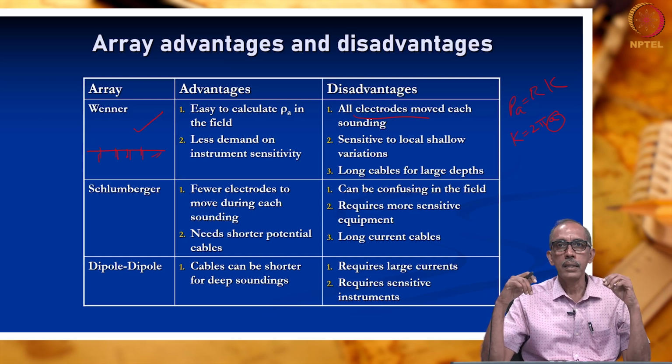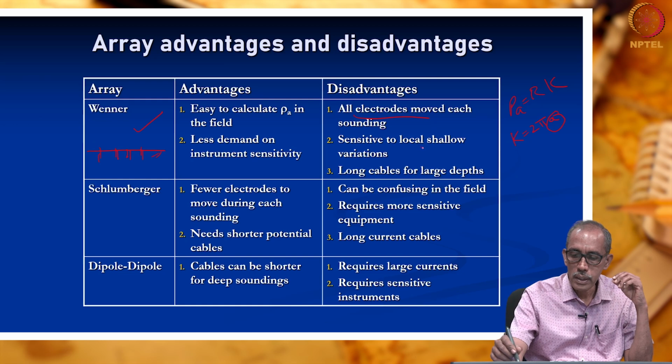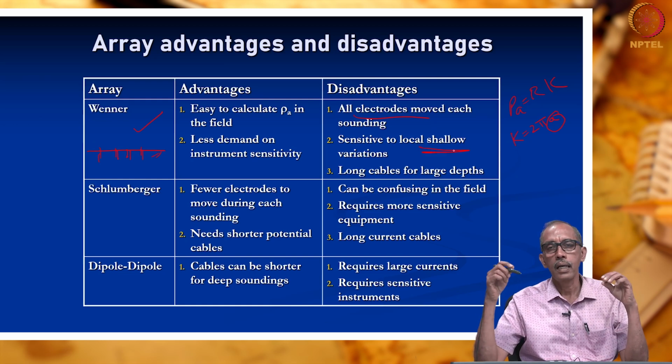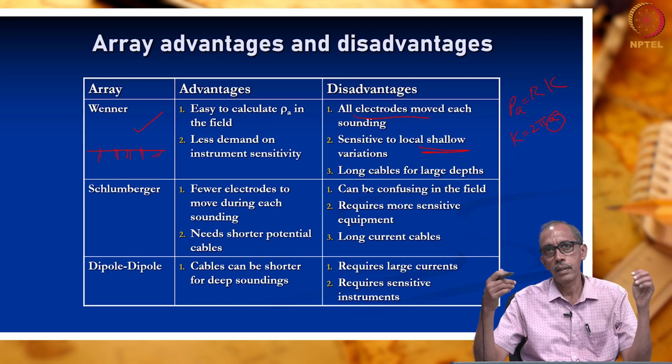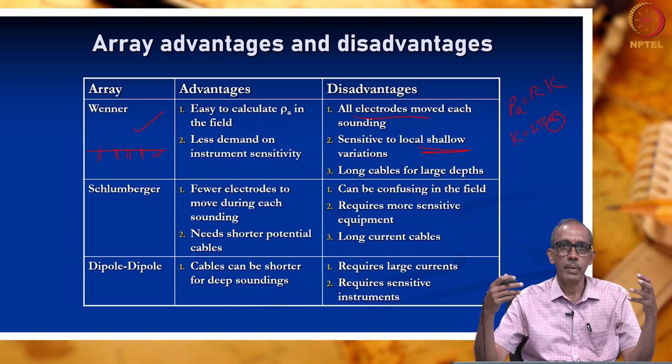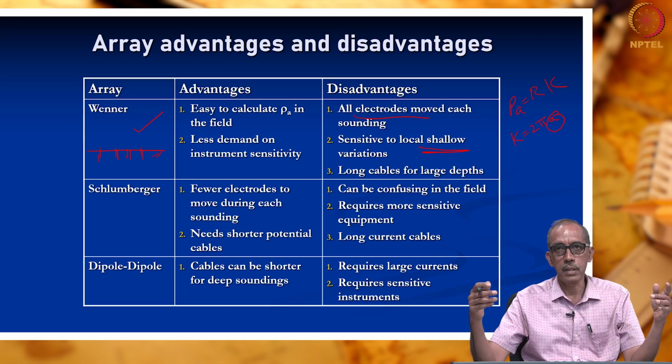And this method is sensitive to some shallow variations, right. If beneath the surface at shallow depth there is a lot of heterogeneity, this measurement will be very sensitive to that. And when you want to investigate greater depths beneath the surface of the earth, we may need to use very long cables.